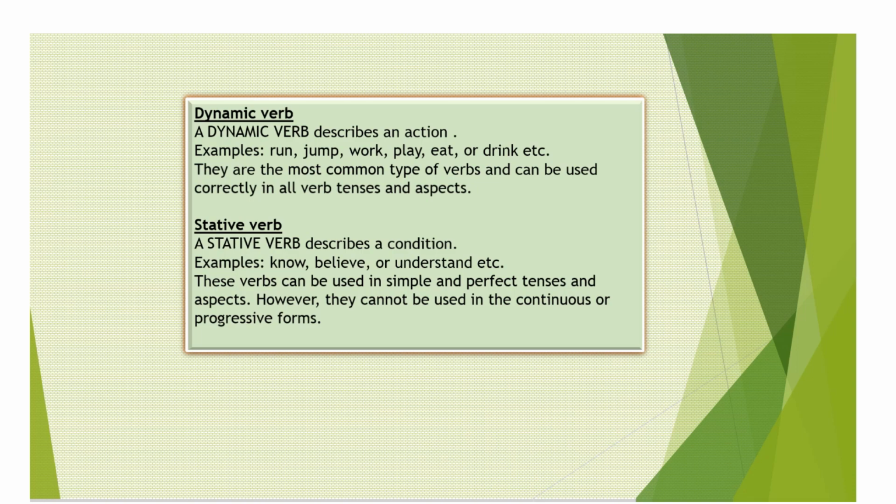However, they cannot be used in the continuous or progressive forms. So this particular limitation, this particular rule, makes stative verbs a bit complex. It's just a bit complex, but not entirely.